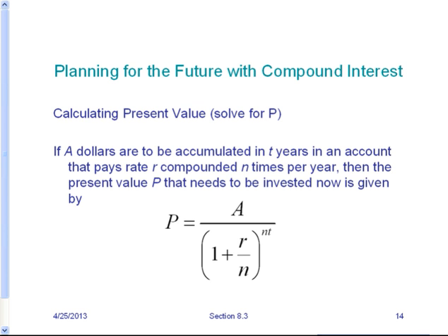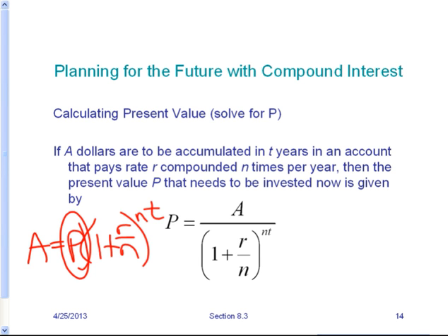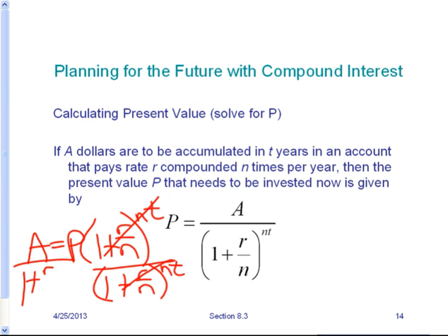All right, if we take that formula, A is equal to P times (1 plus r over n) raised to the nt, and solve for P, to get P by itself, I would divide both sides by (1 plus r over n) to the nt, cancel, cancel, and ta-da!